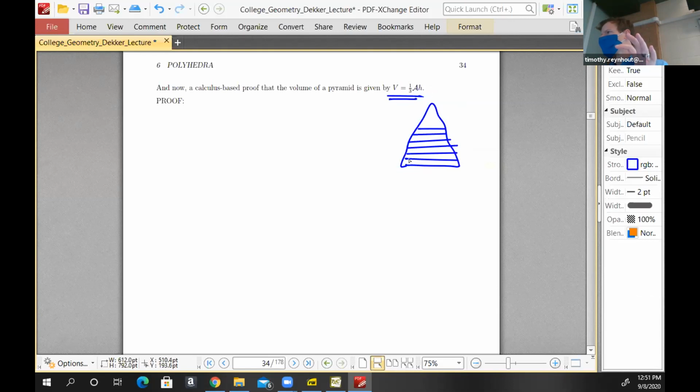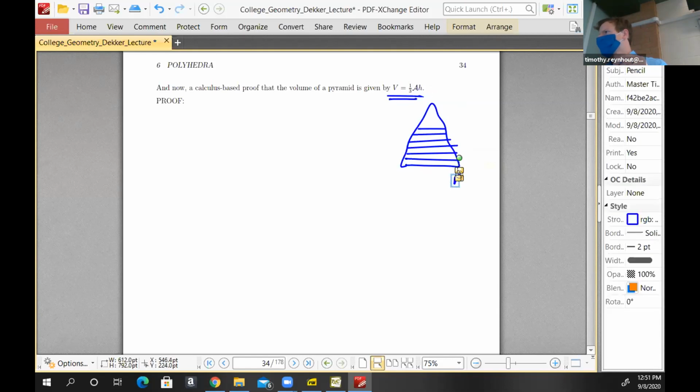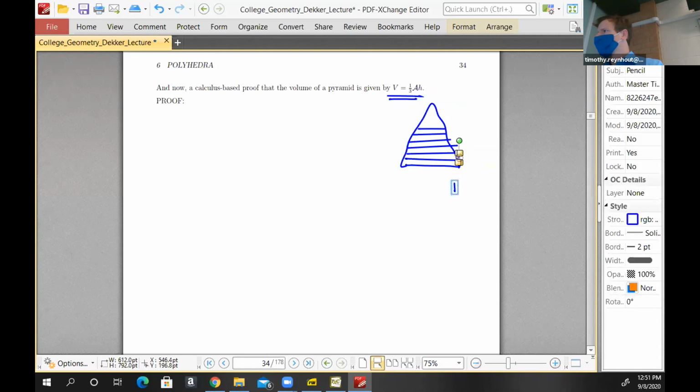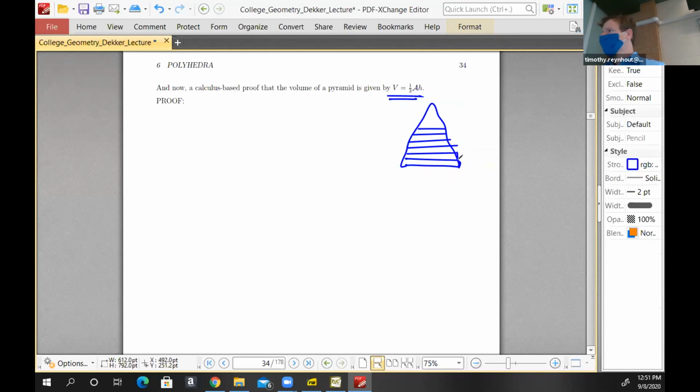Each one of these is not a pyramid, but we can approximate it with a prism. So all of the sides would be vertical for our approximation. All right, so that gives us the idea anyway.